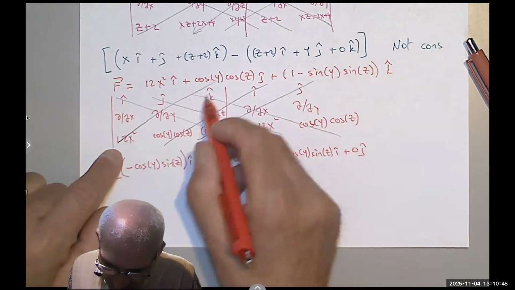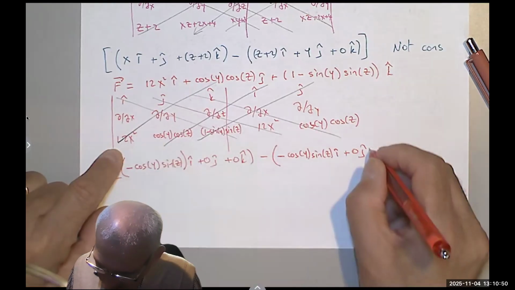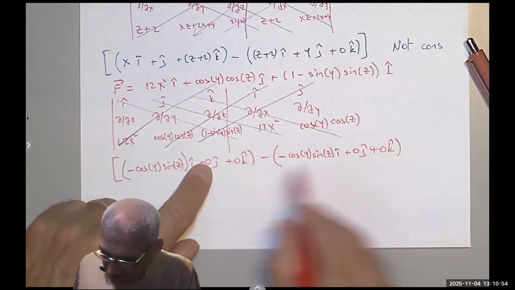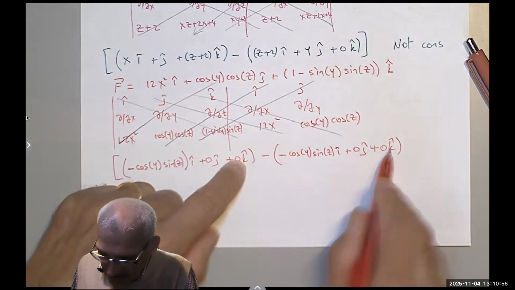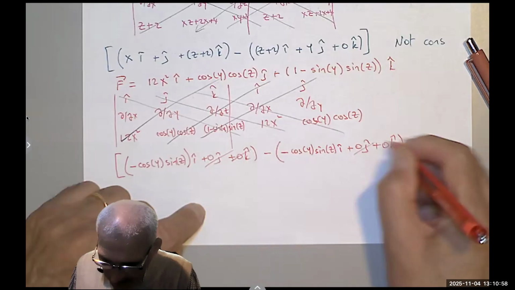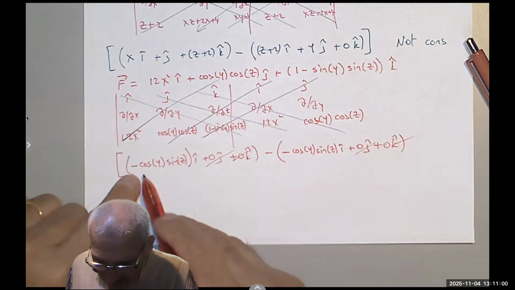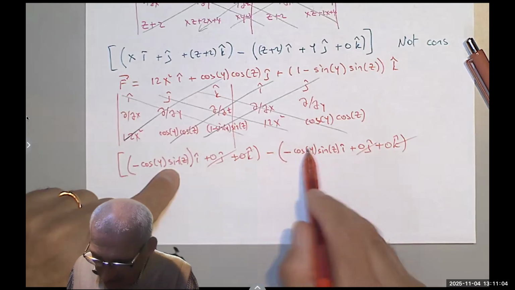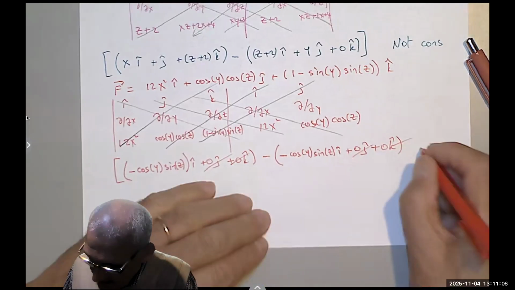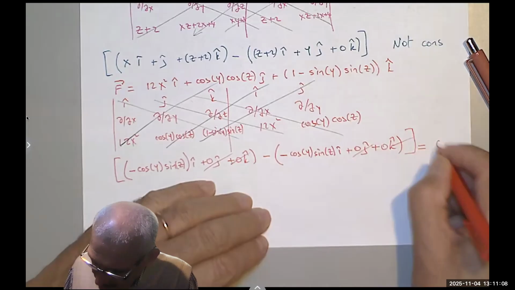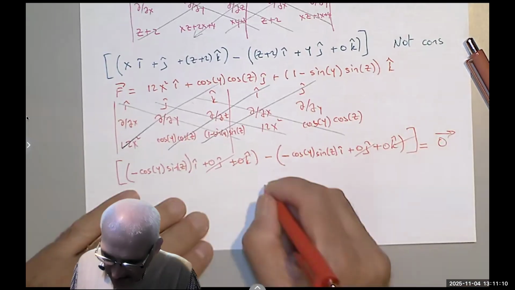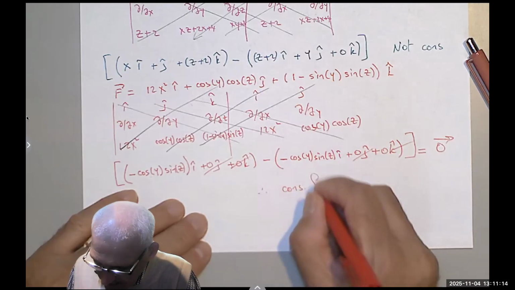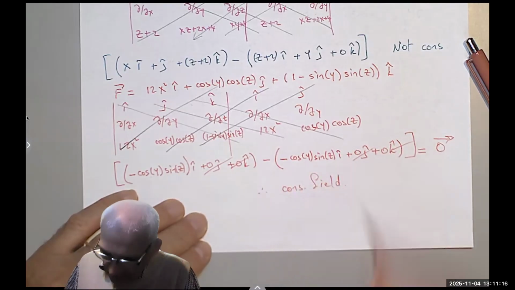And then the derivative of y of that is plus 0k again. So you can see 0j minus 0j and 0k minus 0k. So these cancel. Here you get negative cos y sine z plus cos y sine z. They cancel each other and you get 0 vector. Hence, this is a conservative field.